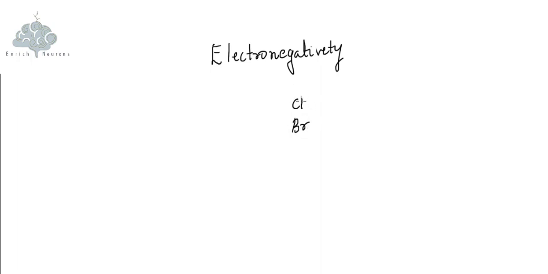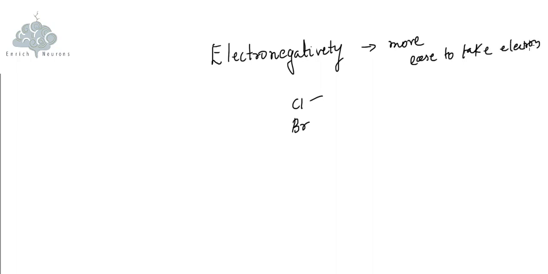If you talk about the ease of taking electrons, when you compare both of them, chlorine would have more ease as compared to bromine. Electronegativity is defined as the ease of taking electrons towards itself. So electronegativity is nothing but more ease to take electrons.